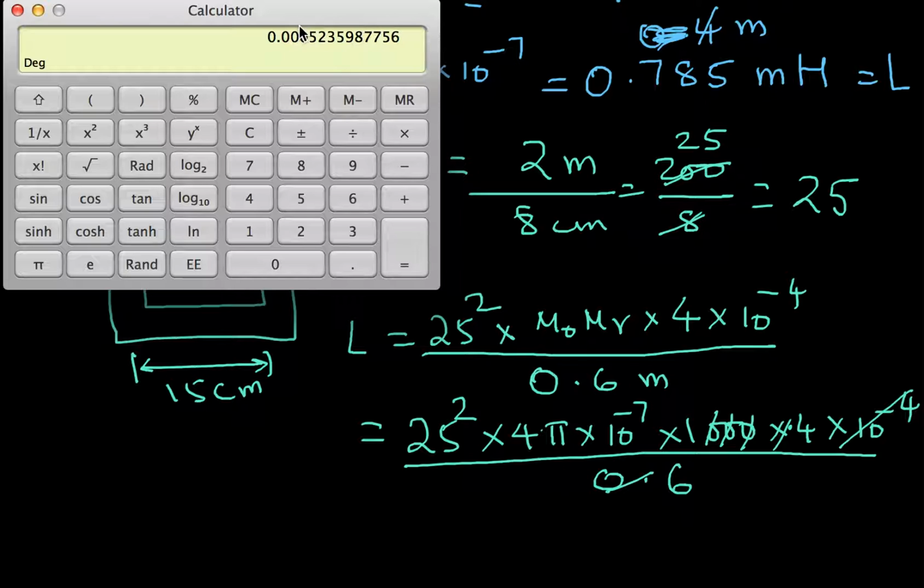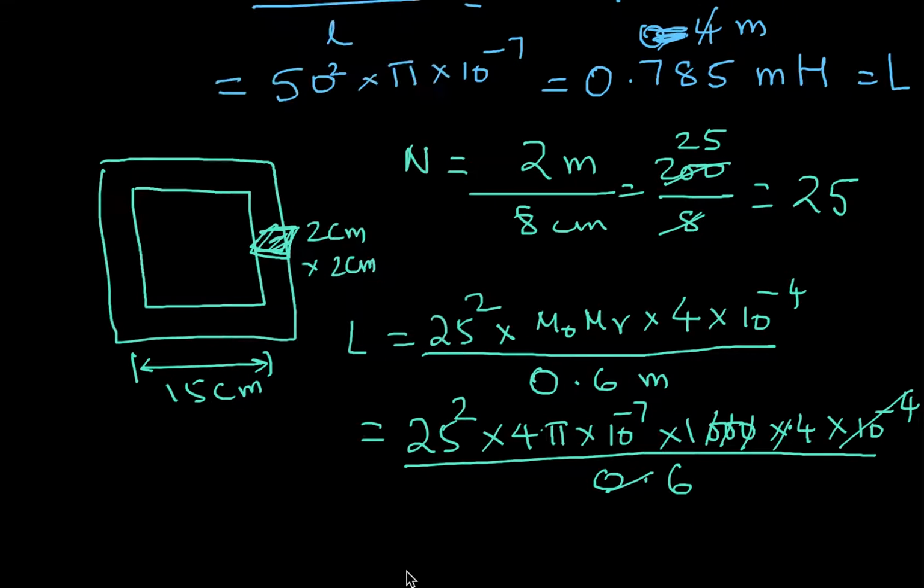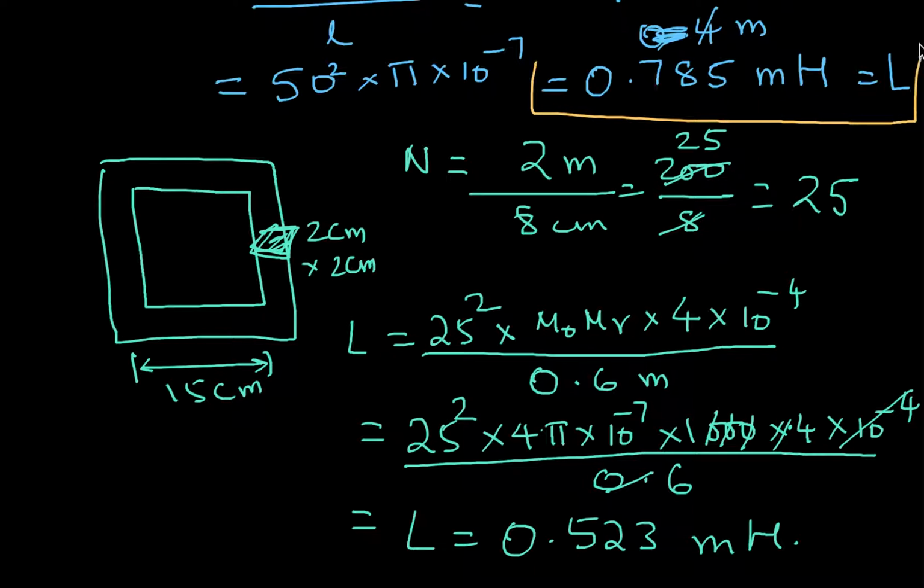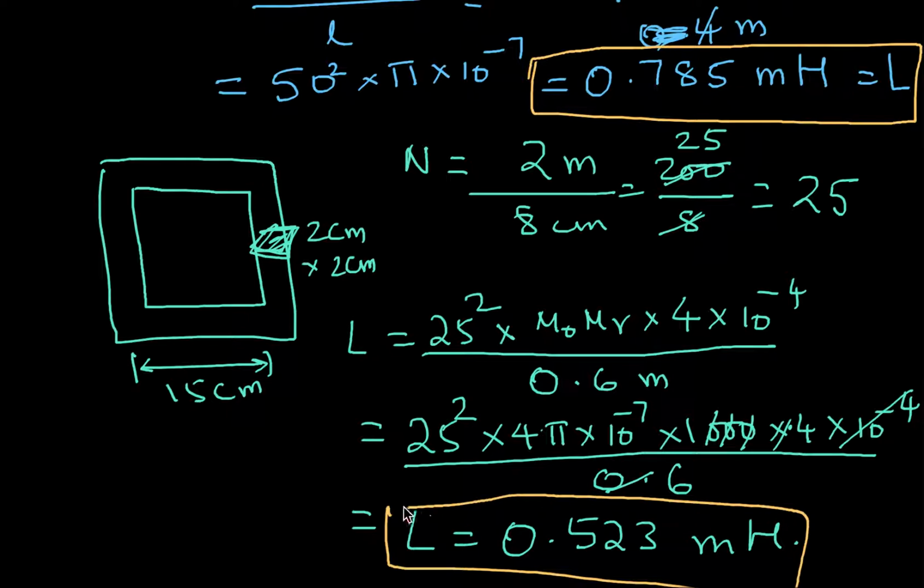If I express the inductance in millihenries, it will be 0.523 millihenries. So what did we notice? Earlier the inductance was 0.785 millihenries. Now the inductance has reduced to 0.523 millihenries with the same wire, just because the geometry is different.